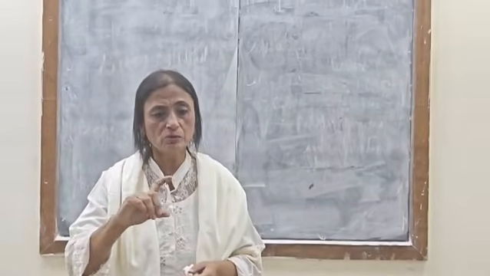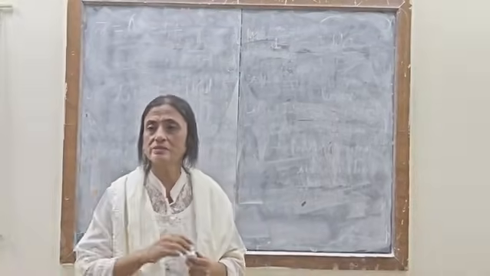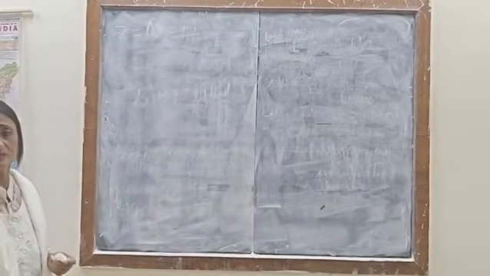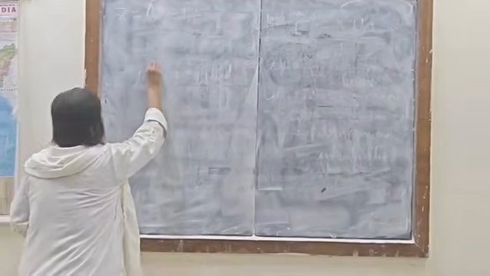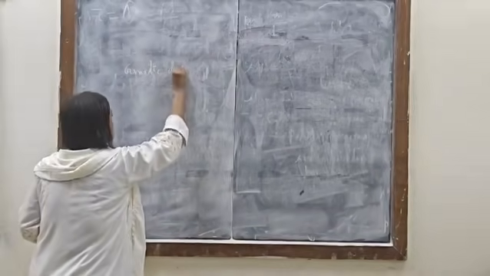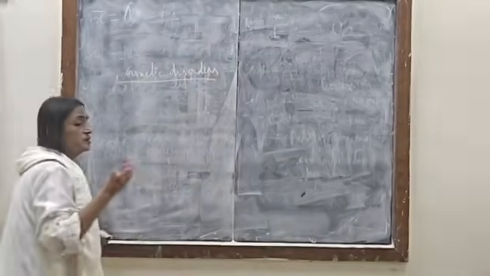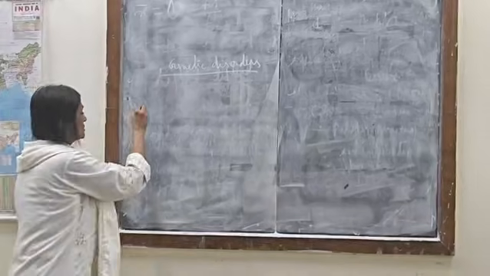Today we are going to the next topic for class 12, that is genetic disorders, types of, which is in our course. So I am writing genetic disorders for class 12. In our course there are two types of genetic disorder.